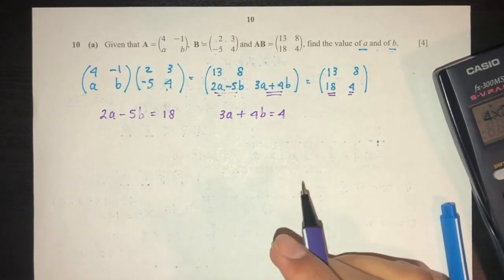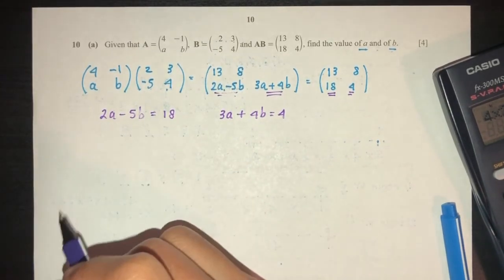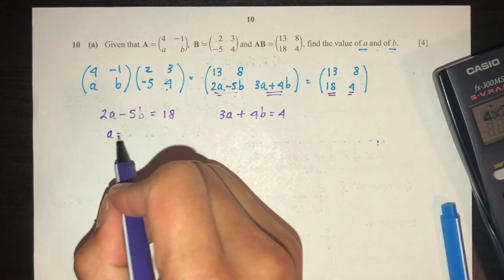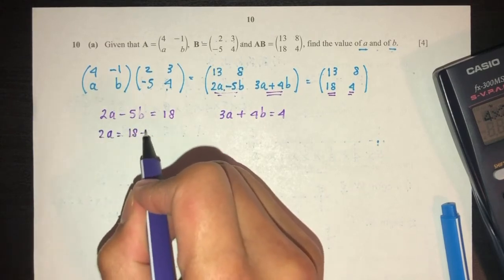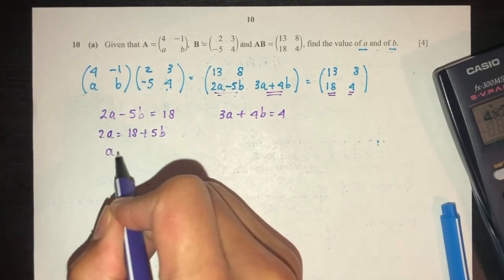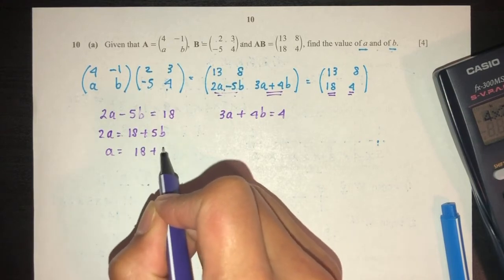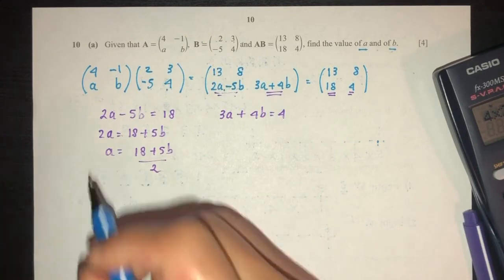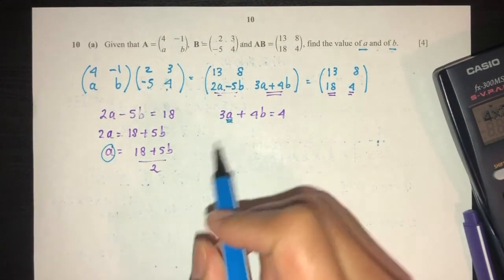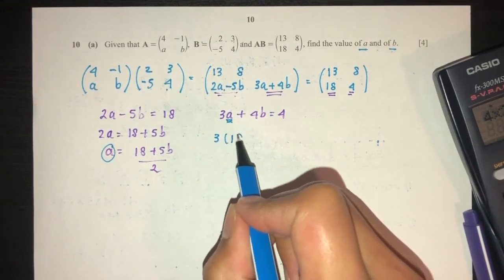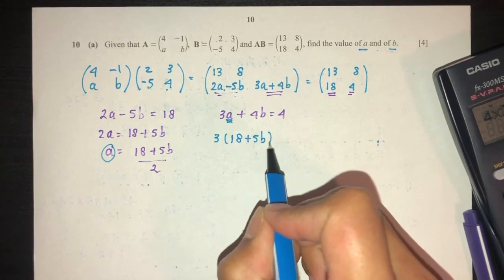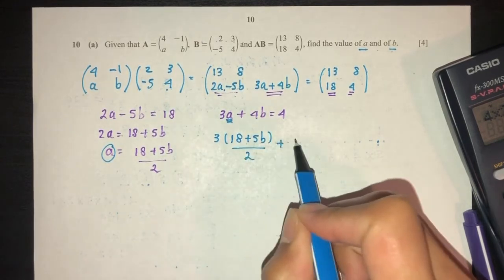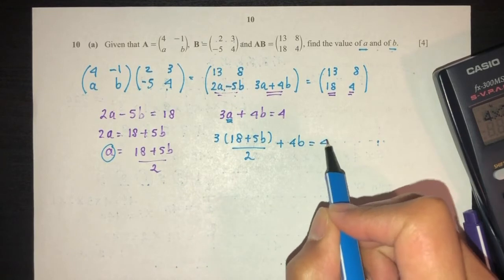So let's make A the subject of formula. So 2A is 18 plus 5B. A will be 18 plus 5B over 2. Now replace this value of A in this equation. So 3 times 18 plus 5B over 2 plus 4B equal to 4.